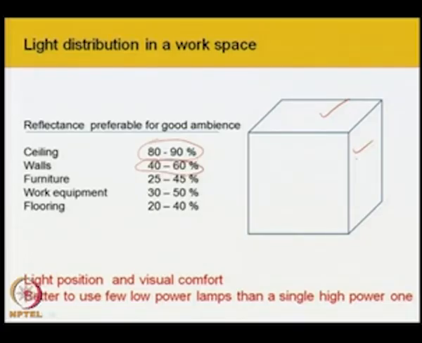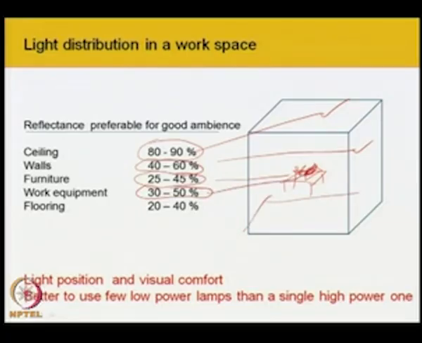If there is any furniture, then from this furniture around 25 to 45% should reflect. And any work equipment should reflect around 30 to 50%, and then the floor should have around 20 to 40%.